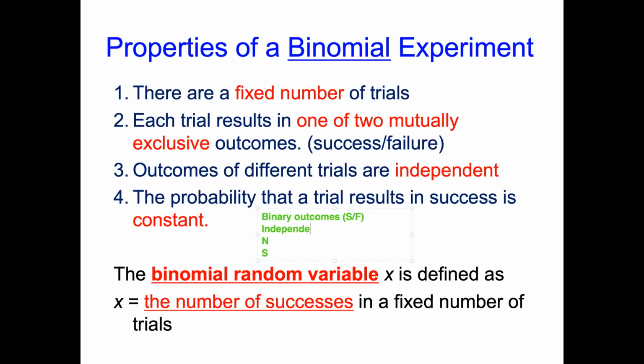You have independent trials. N, the number of trials, is fixed. That's your n variable. And then S, the success probability is constant.